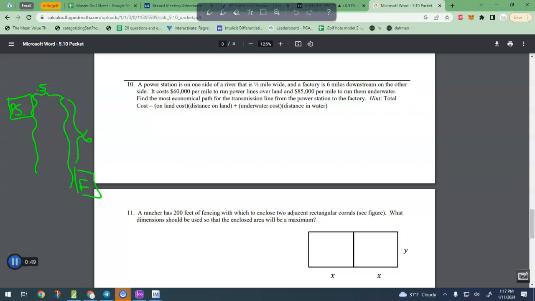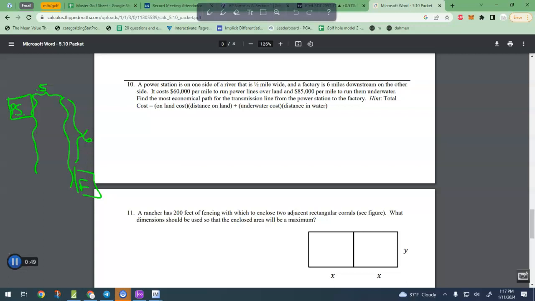So the idea is that if you run this power line over land, it's cheaper. But if you want to go directly across, now you're going to have to go longer. Well, this would be underwater, I guess, right? And over land. So, we could go straight across and then down. We could go all the way. Well, that's the same. We could do a diagonal line, but then you're underwater the whole time, so that's more expensive. The idea is which way is going to get me there the cheapest.